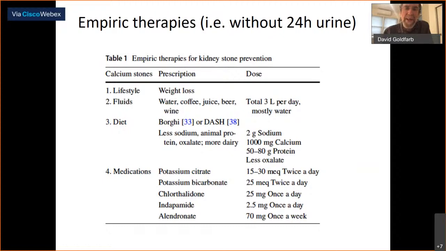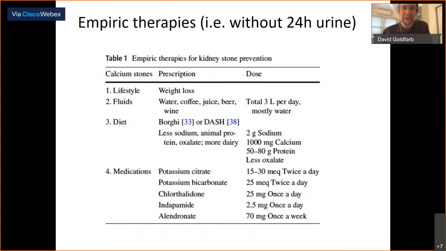It's not absolutely necessary to have a high urine calcium. If the urine calcium is so-called normal, make it lower, make it better. And of course, when I give patients thiazides, I'm telling them I am lowering your blood pressure, therefore I'm extending your life expectancy, and I am preventing kidney stones as well.